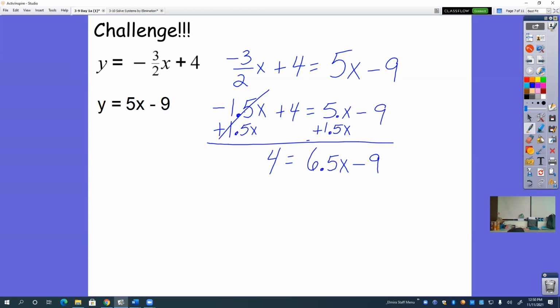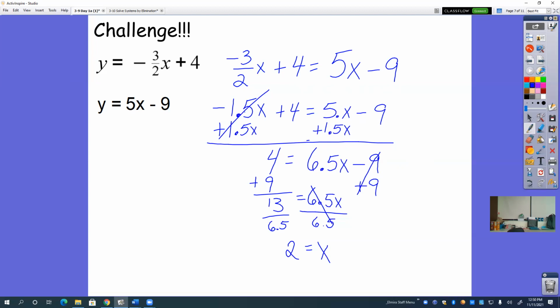Then we want to cancel out the subtraction because it's a basic two-step equation. So we're going to add 9 to both sides. 6.5 times x equals 13. Cancel out the multiplication by dividing both sides by 6.5. X equals positive 2.